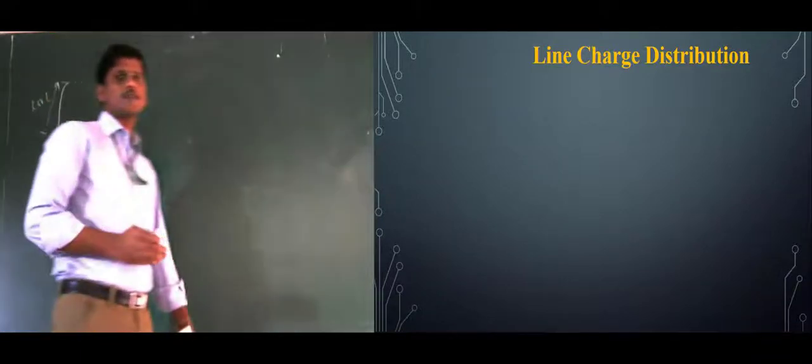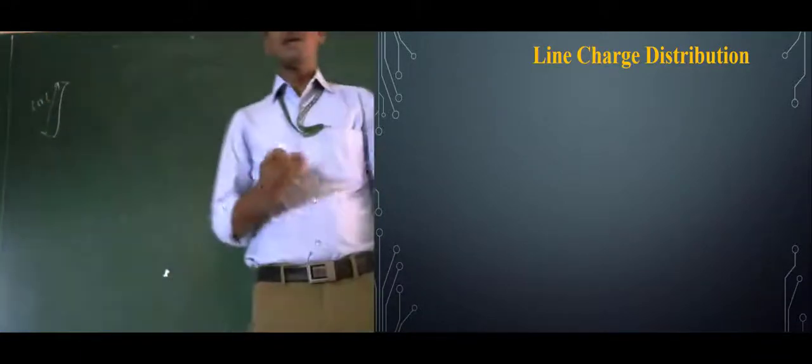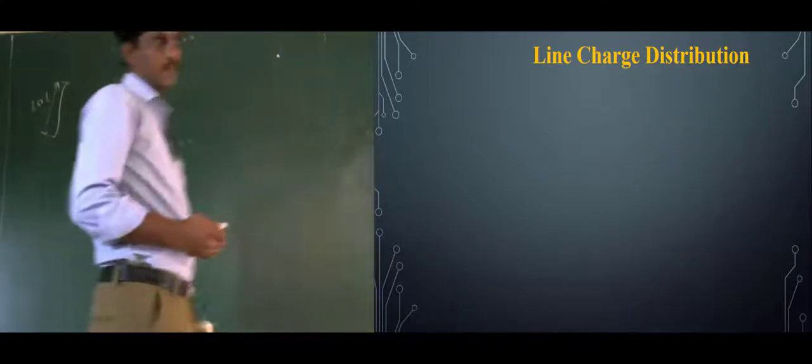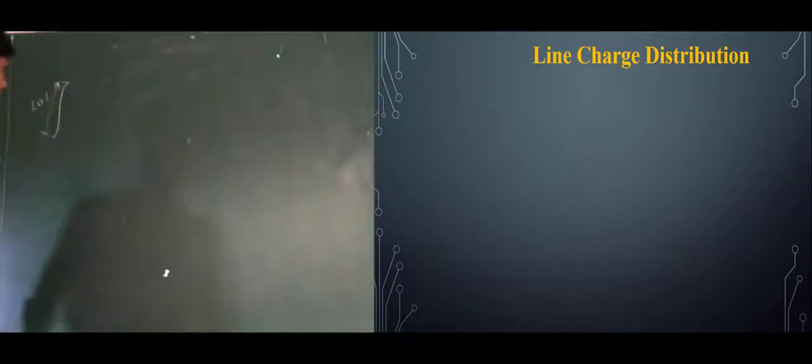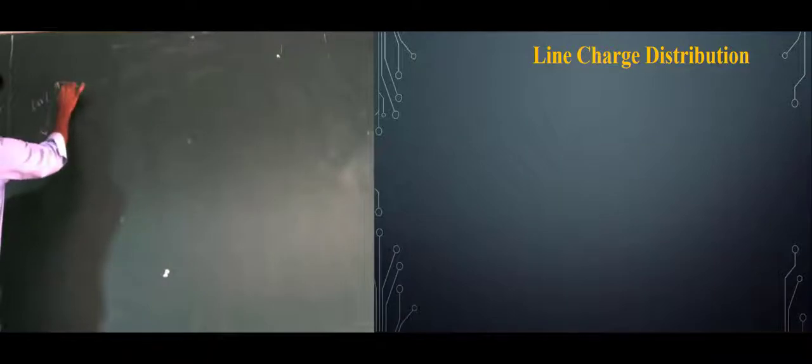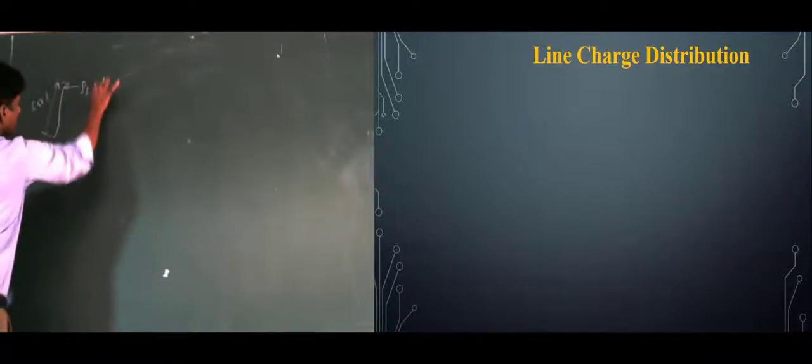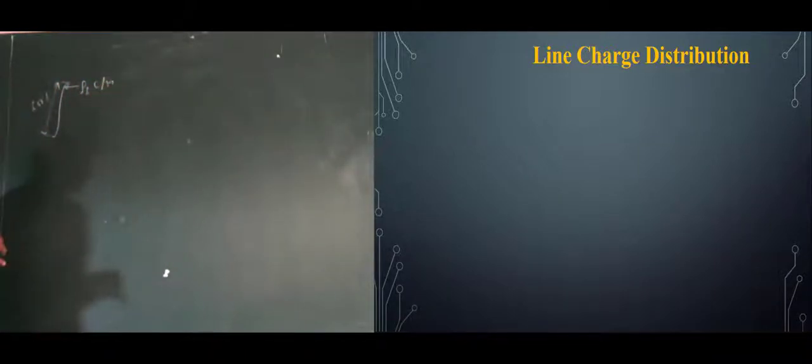The line charge distribution is expressed in terms of line charge density. Symbolically, the line charge density is represented by rho suffix L, in coulombs per meter.